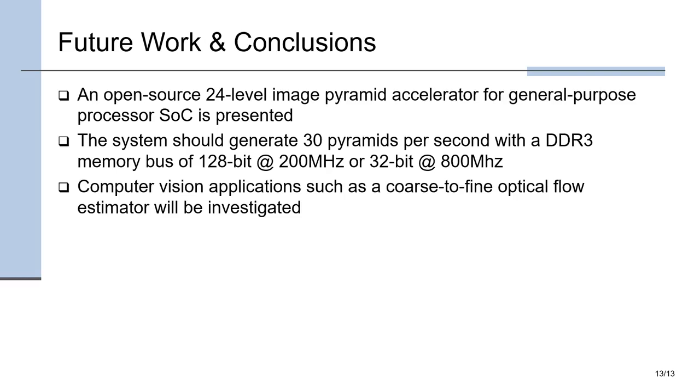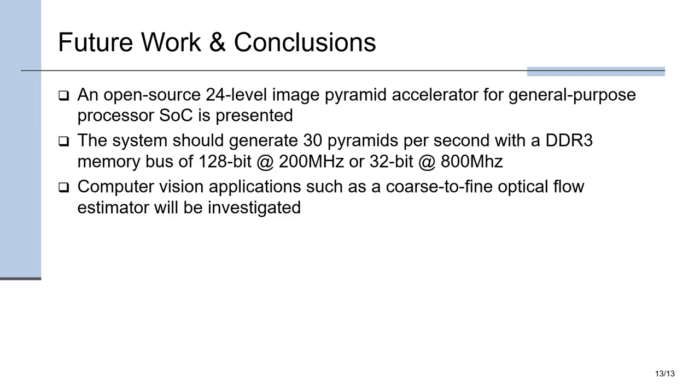In our current implementation, the memory bus we use has 32 bits at 200 MHz. So we cannot really generate 30 pyramids per second yet. However, in the future, we will modify the memory subsystem so that we can handle real-time generation of 25 level pyramids.